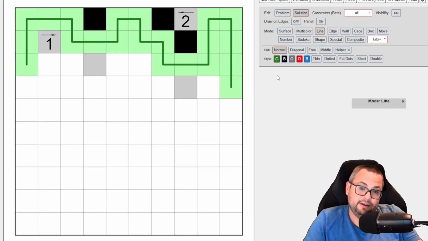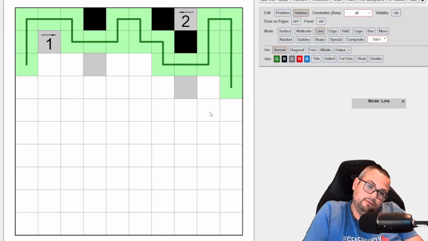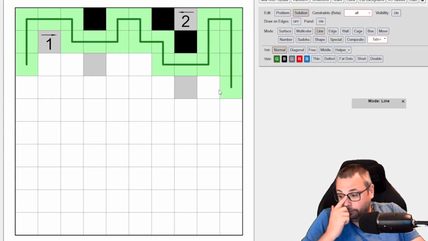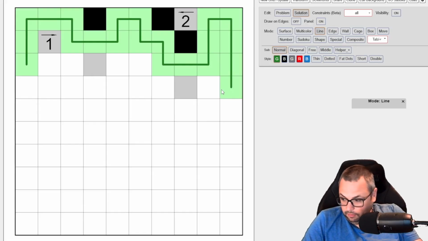Because I could make it definitely not green, actually, if I make a clue cell here. So what I'm noticing here is I could never shade this cell, because it would turn this into some quite horrible dead end.